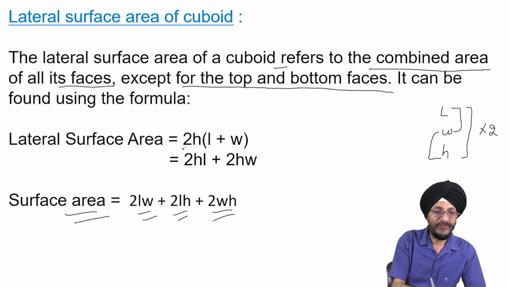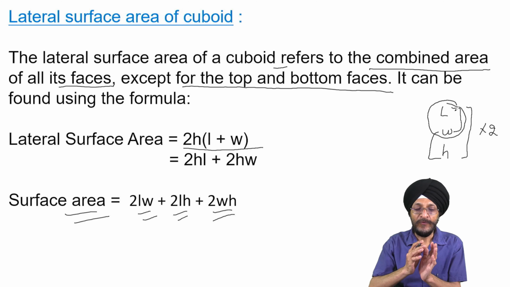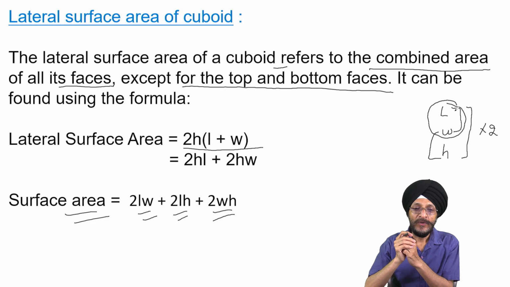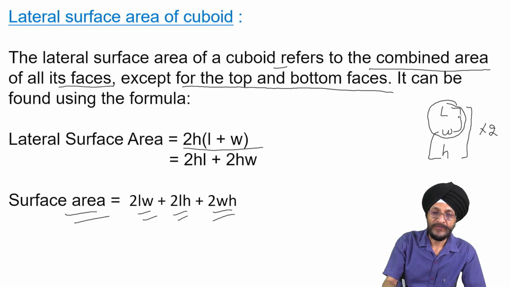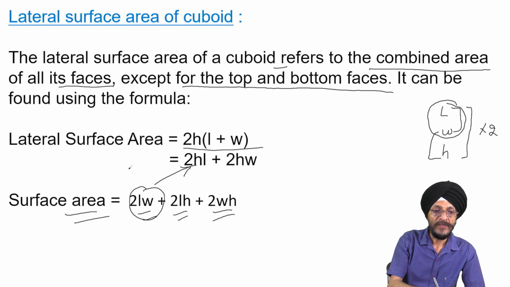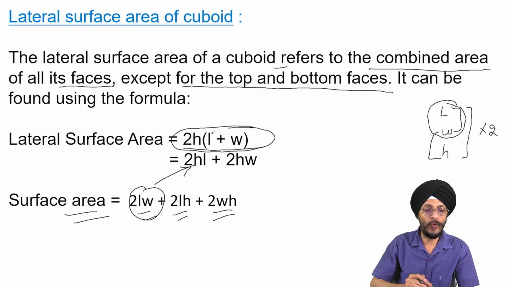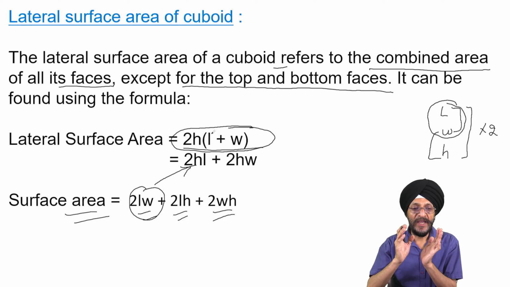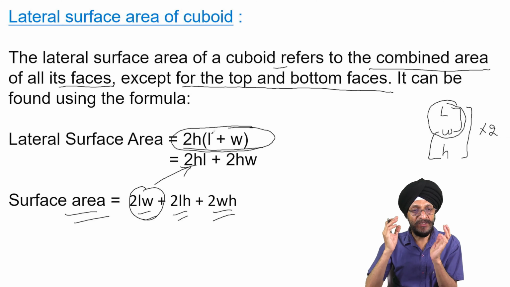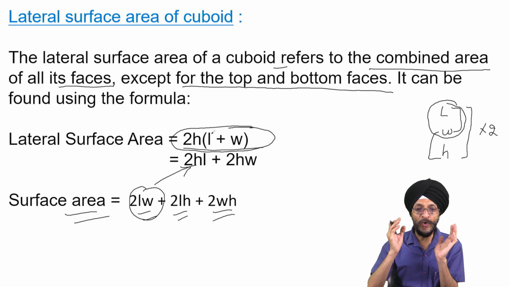Either you can remember the formula given for the lateral surface area, 2H multiplied by L plus W, or you can omit this part from the surface area, that is, this part we will omit, and it will become the lateral surface area. Or you can simply remember this 2H multiplied by L plus W, and the result will come as the lateral surface area of cuboid.